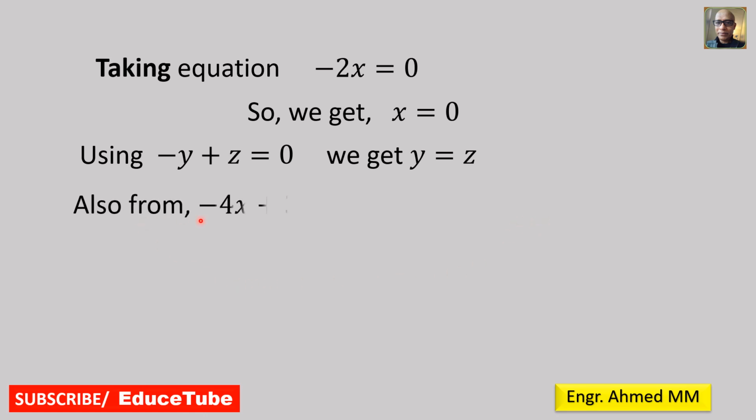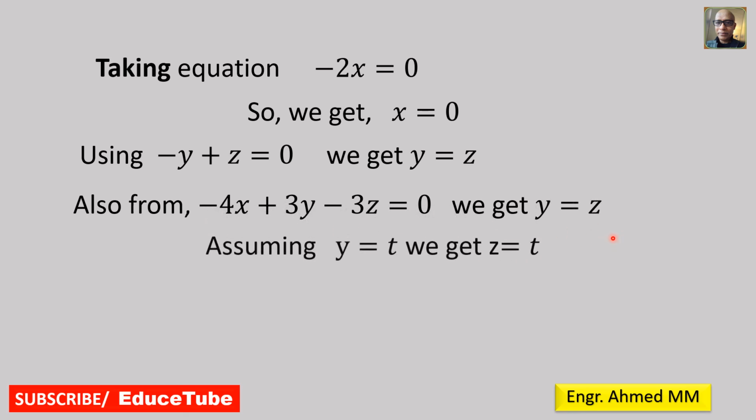As well, using the third equation we can also find y equal to z. Now we have to assume y equal to t, then z will also be t, because here we know y equal to z. As well we know x equal to 0.